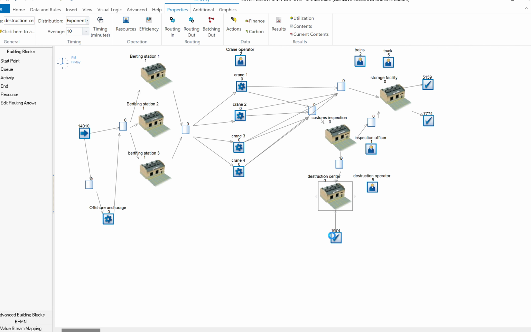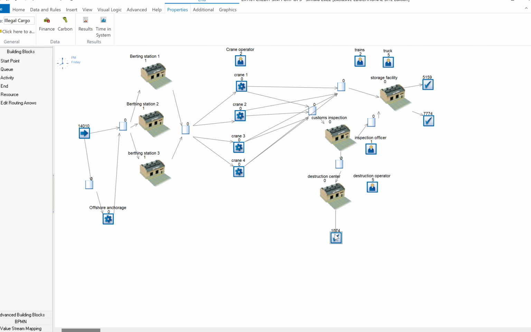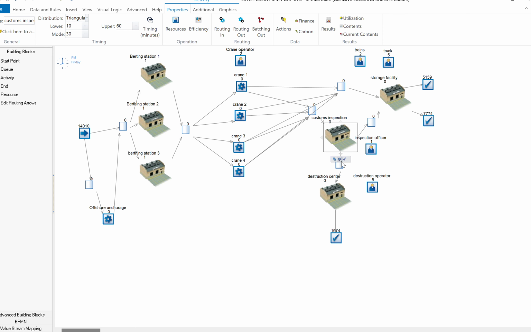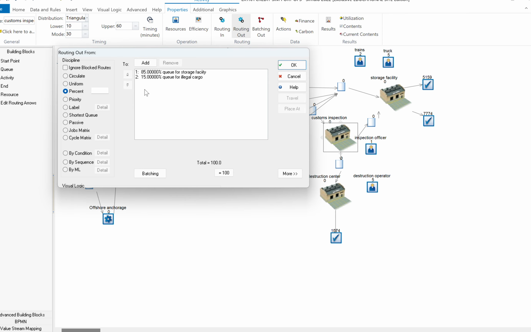If we look here, you can see 1,074 out of the 14,000 that came in had their cargo destroyed because they had illegal cargo. From the customs inspection, if we look at routing out, you can see here 85%. So 85% of the time when the cargo is inspected, it's not illegal, and 15% of the time the cargo is illegal, so it gets sent to the destruction center.